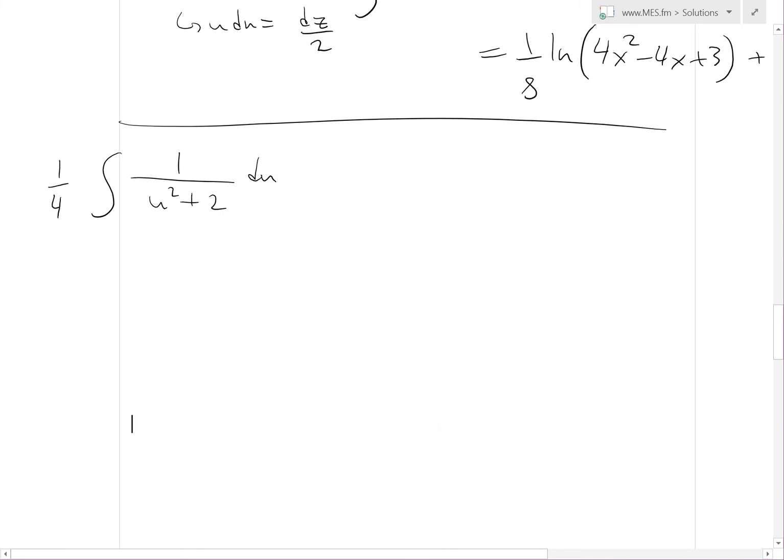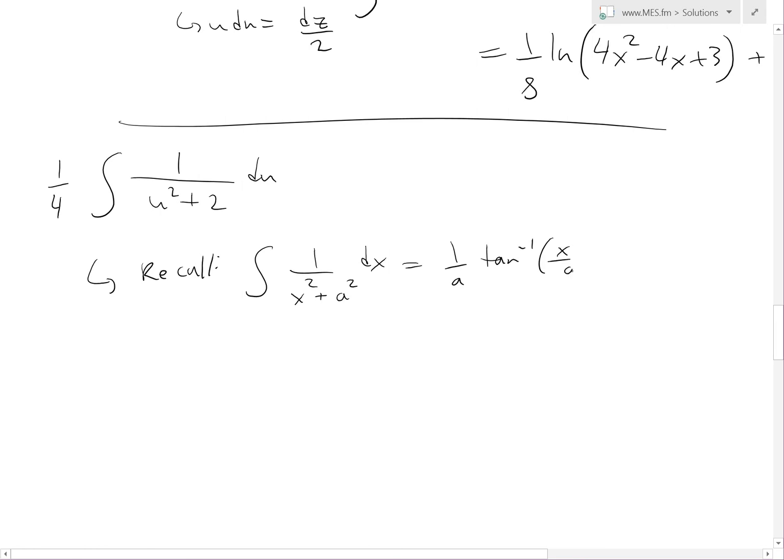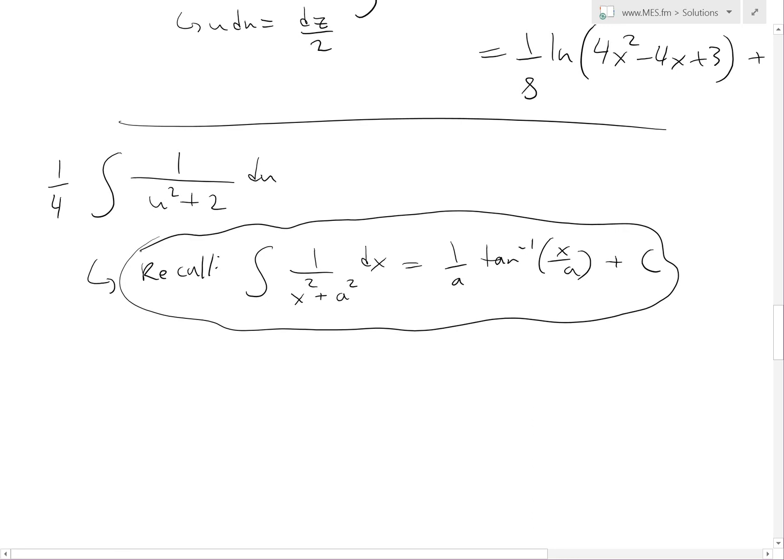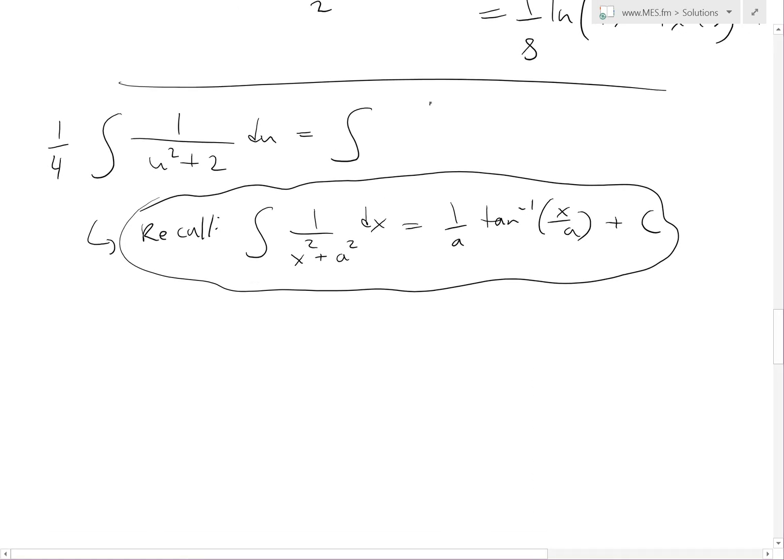Now if we recall my earlier video on the trig identity for integrals, the integral of 1 over x squared plus a squared dx equals 1 over a inverse tan of x over a, plus a constant. If we recall this, we can rearrange this into the same form.